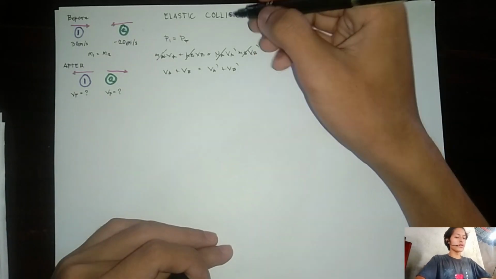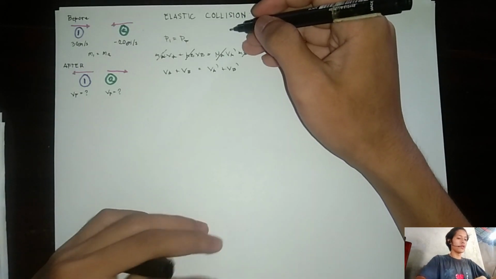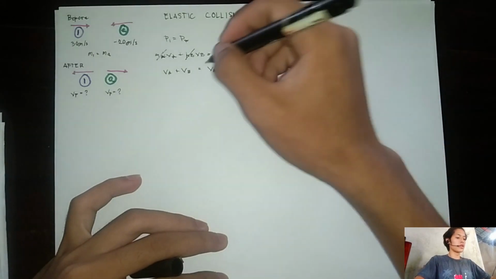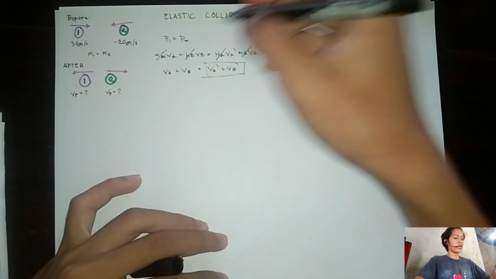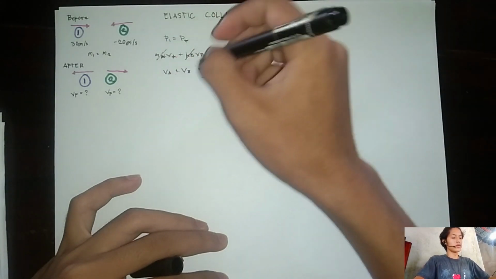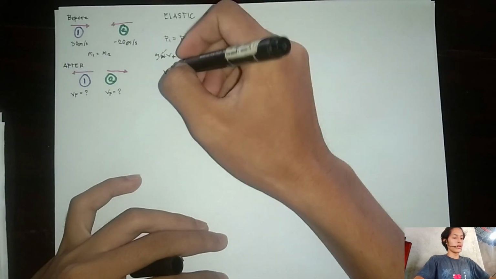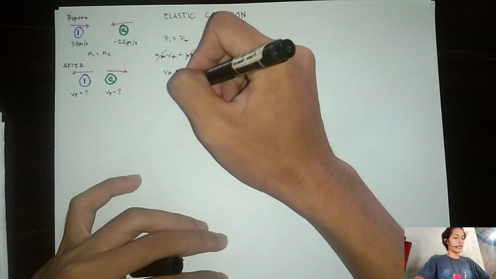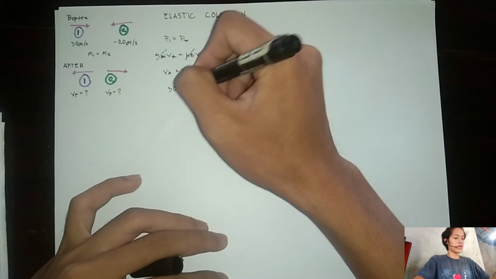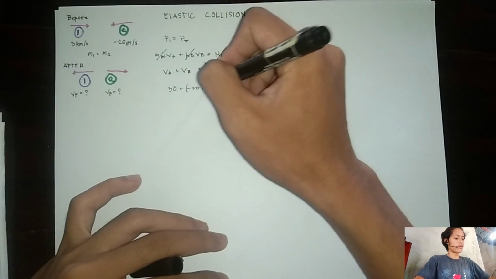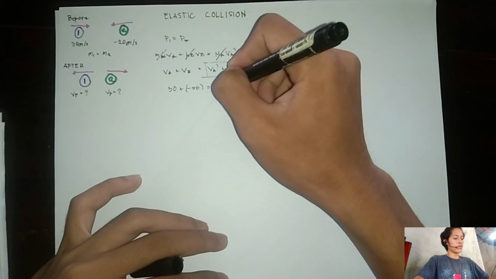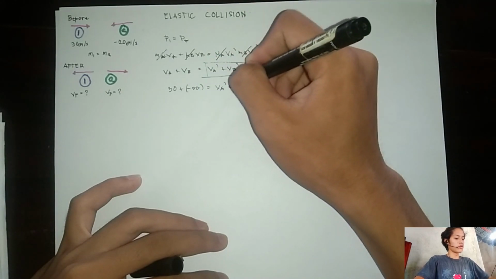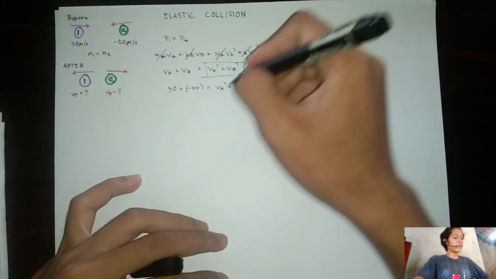So, ang given lang sa atin is yung mga initial velocity. Pinapahanap sa atin yung final velocity ng dalawa. So, i-substitute na lang muna natin 30 cm plus negative 20 cm is equal to the velocity A final plus velocity B final.